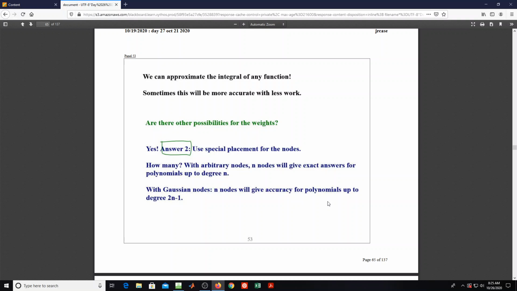But Gauss, being Gauss, said that with these special nodes we can get accuracy up to degree 2n minus 1. So if we do 5 nodes, we can be accurate up to degree 9.